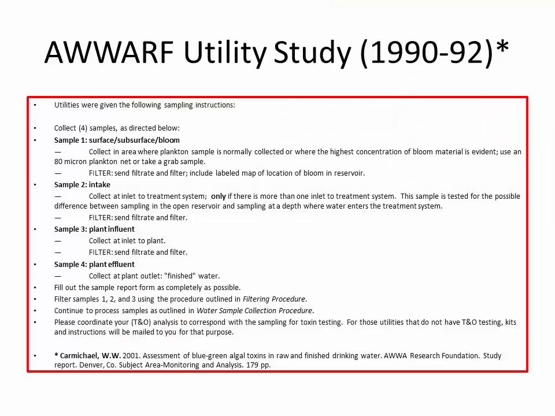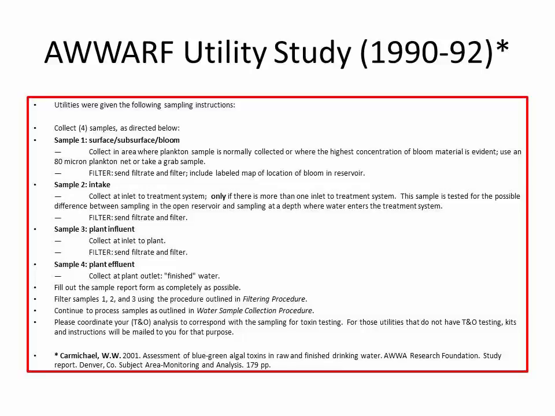So out of that utility study in 1990 to 91, we were collecting 4 samples. Sample 1 was surface, subsurface, intake, influent, and effluent. And this literally was the instruction manual that was in that kit, just to give you an idea of how we did those things at that time.